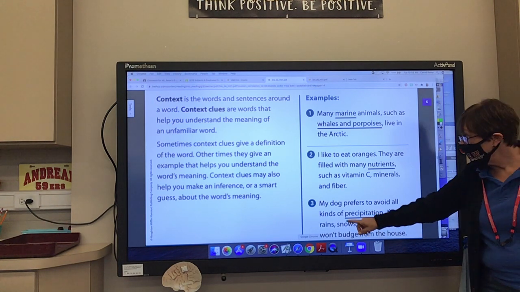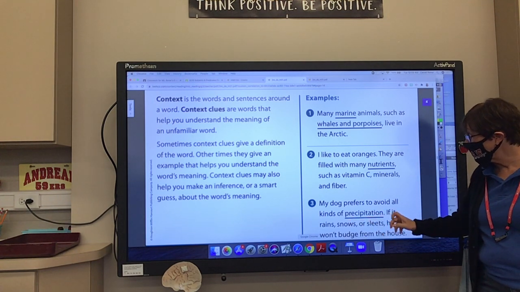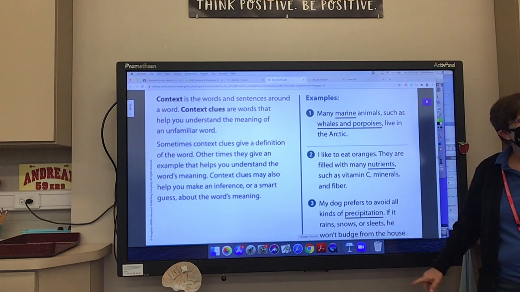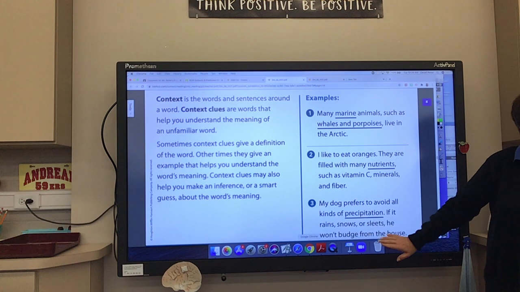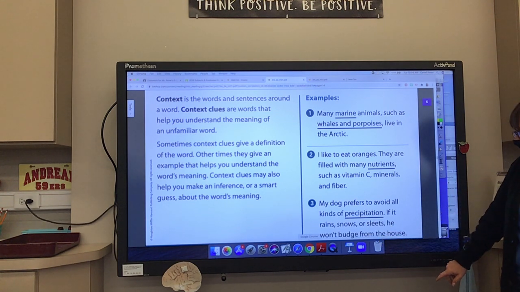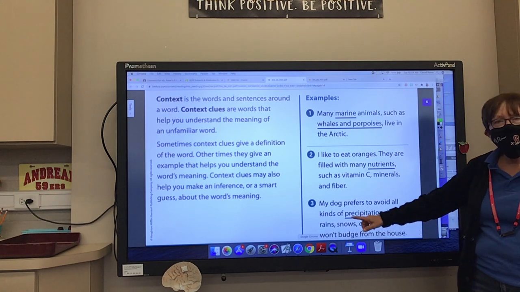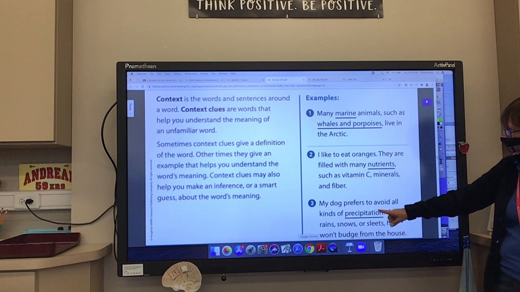If it rains, snows, or sleets, he won't budge from the house. Does anybody see any clue words there that tell me what precipitation is? Elisa? Are there any clue words in this sentence that tell me what precipitation is?